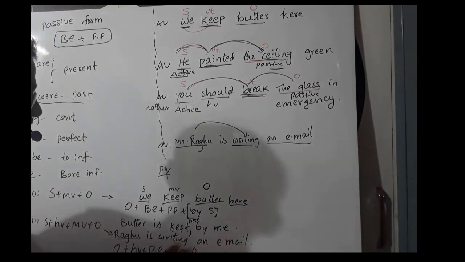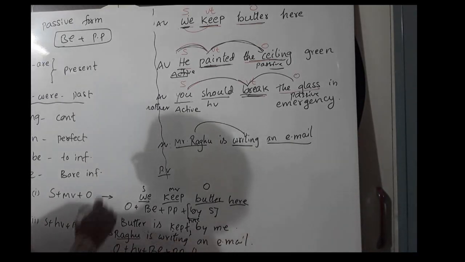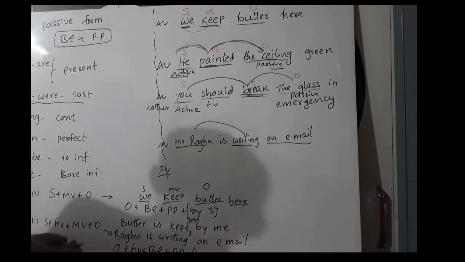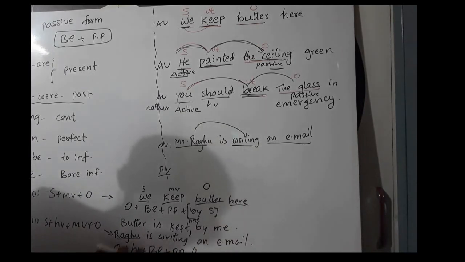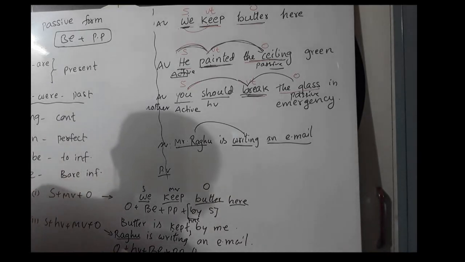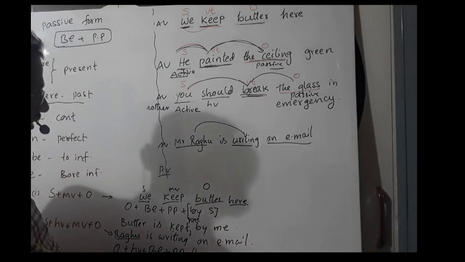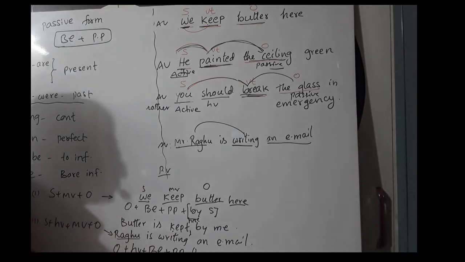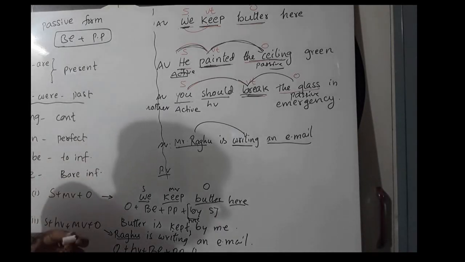So what is the object here? An email. Let us write here, an email is the object. The helping verb can be here is, writing is the ing form, the ing form's be form is being: an email is being written by Mr. Raghu. This is active to passive.